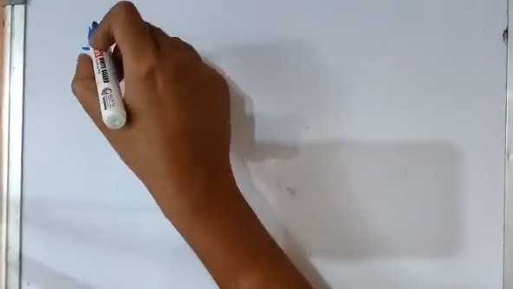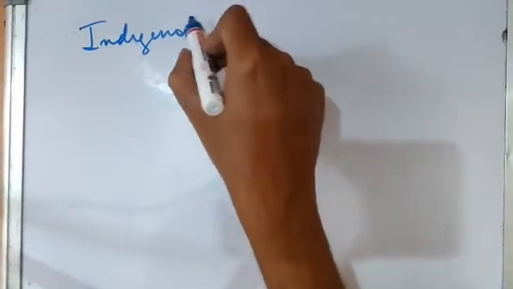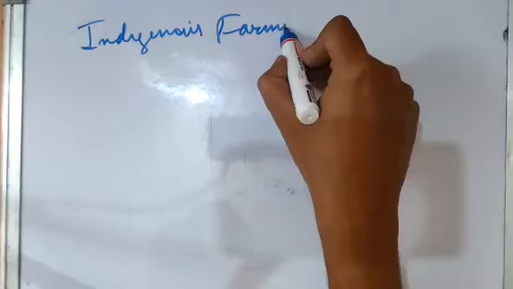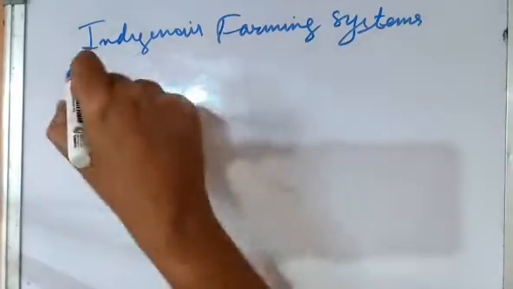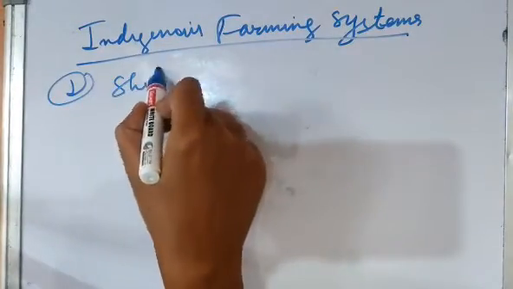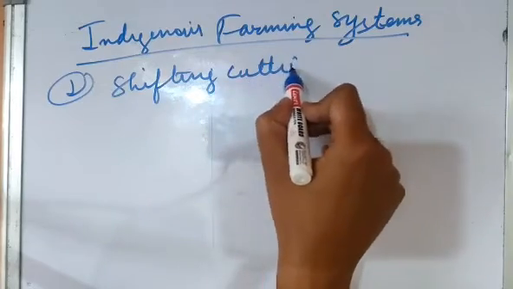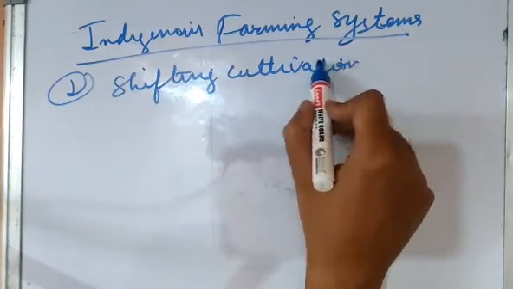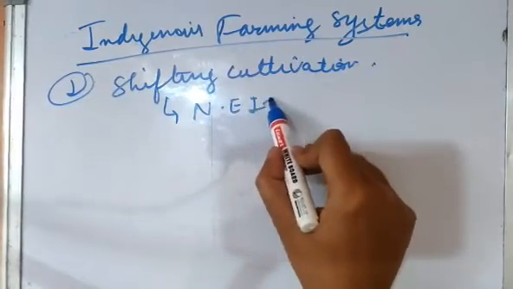Now moving on to some indigenous farming systems. First of all, we have all heard about shifting cultivation. It is commonly practiced in northeastern India.